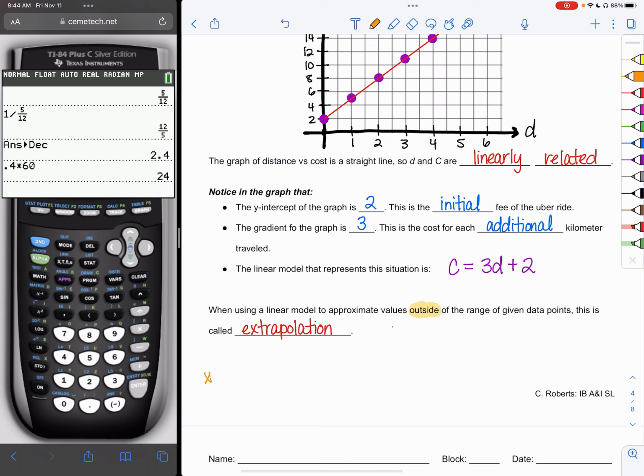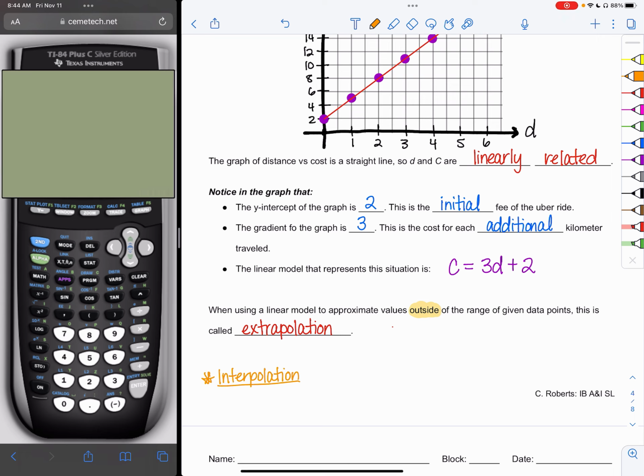We also have interpolation. That is when you are predicting values inside of the range of values. So, predicting inside the range of values.